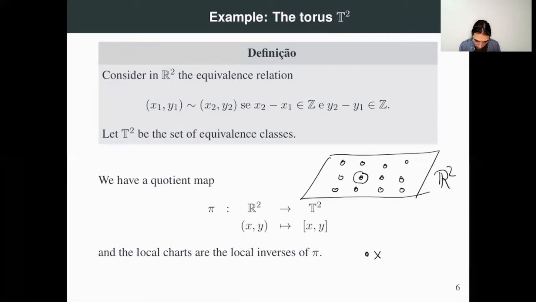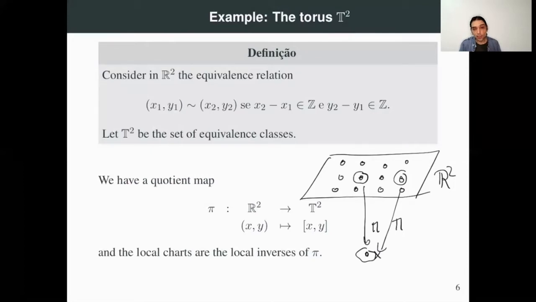So we're going to have a map pi, the restriction of our quotient map, which is going to be a bijection, just locally. And here we're going to have another bijection. And we can consider the local charts to be the inverses of these local bijections.